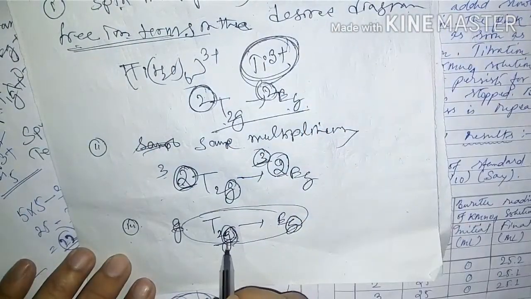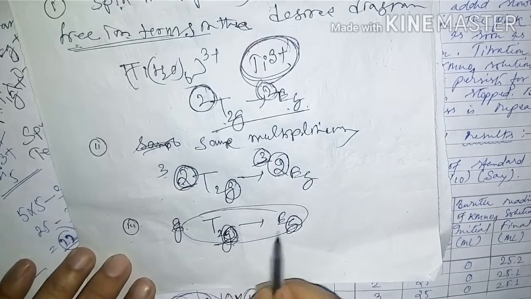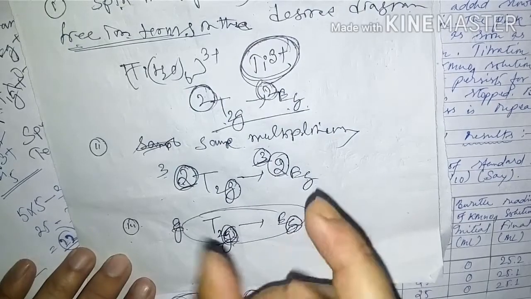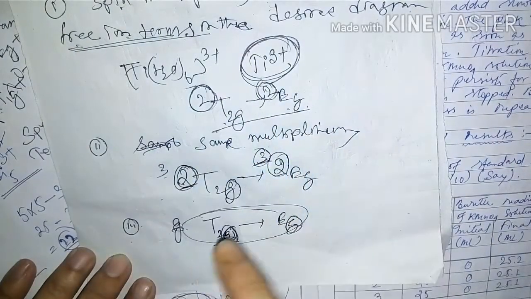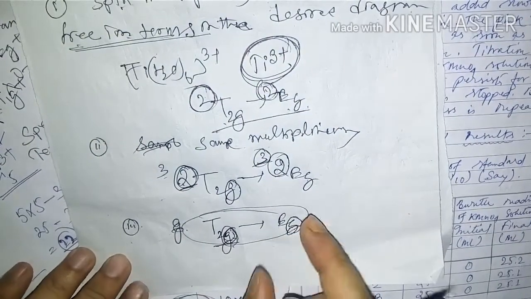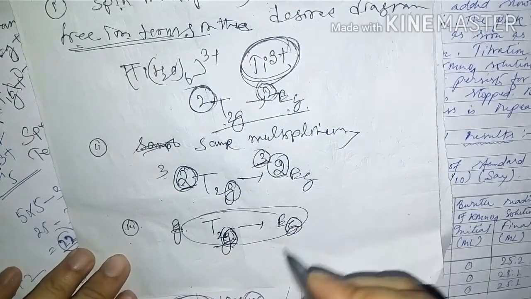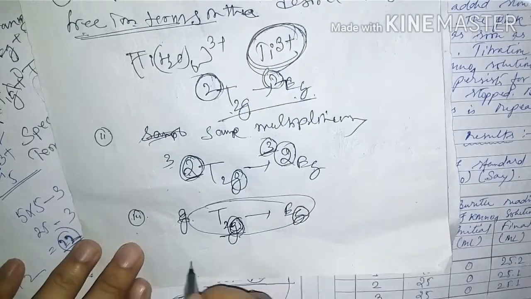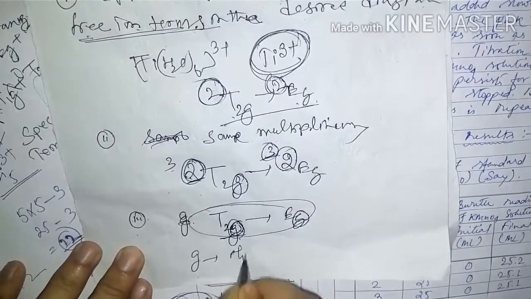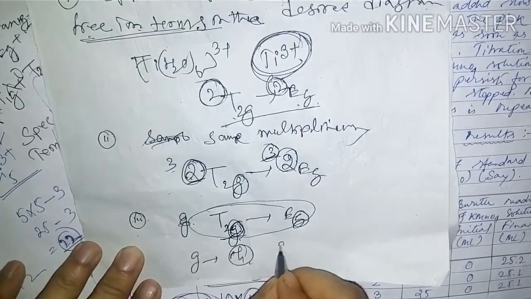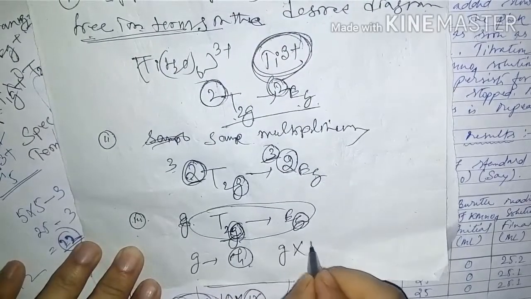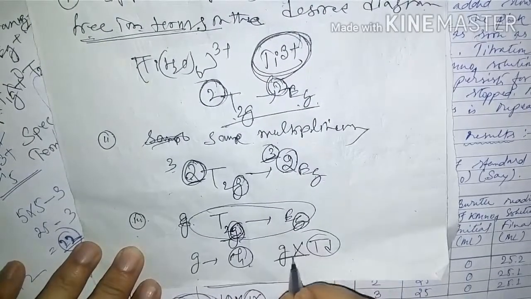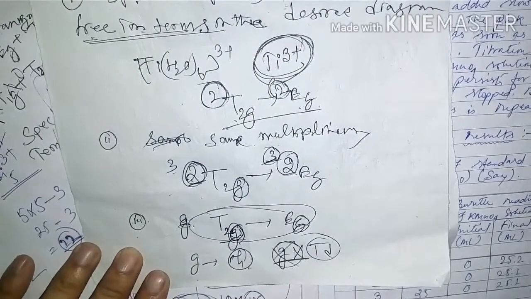When you use this g, that means it is an octahedral complex. Otherwise no need to use it, that means g is not written in a weak tetrahedral field. So g you can write in an octahedral field, and g cannot be written in a tetrahedral field. In a tetrahedral field no need to write, understood?